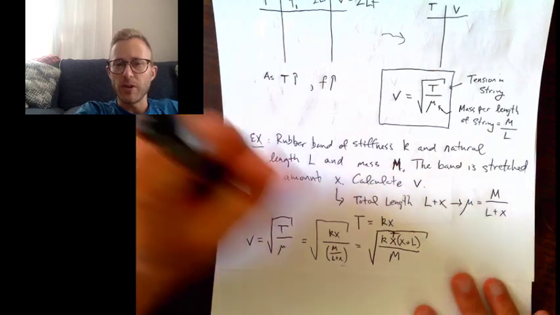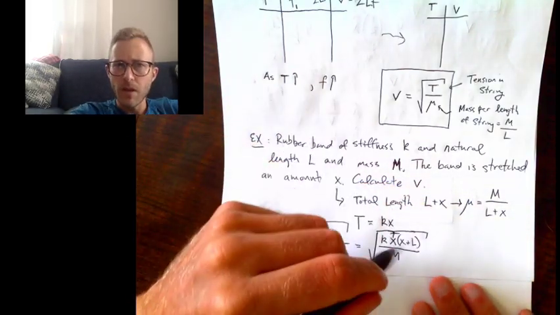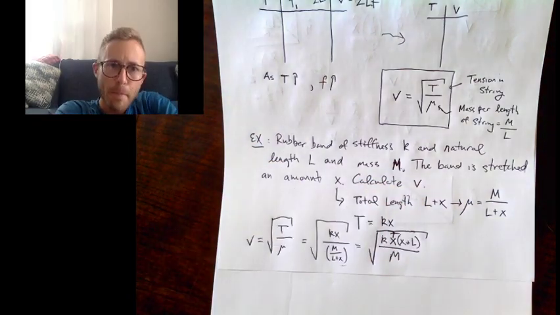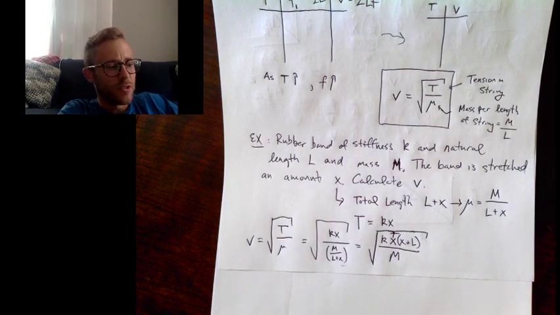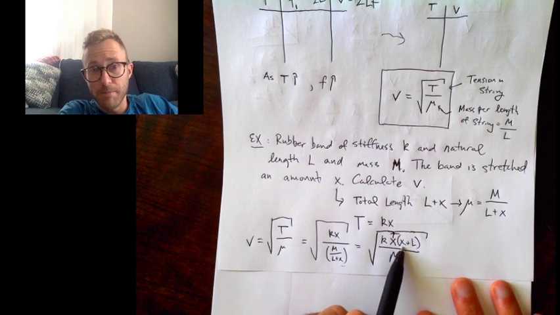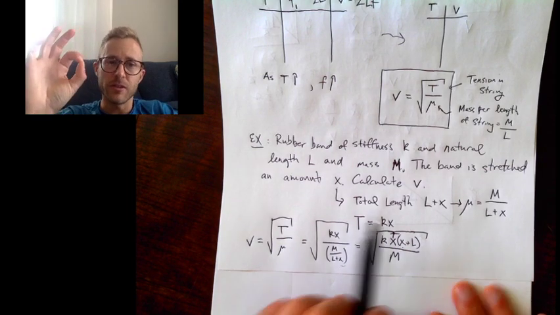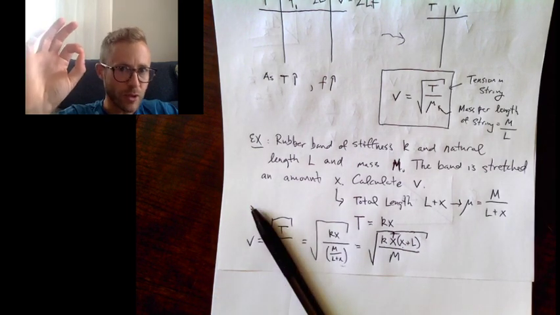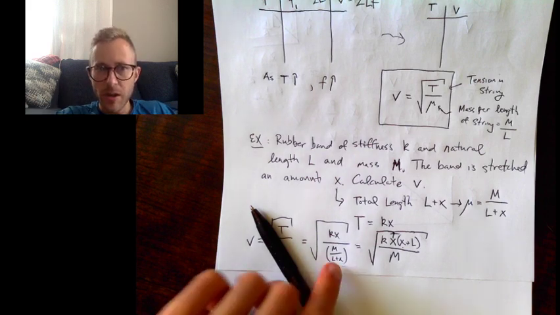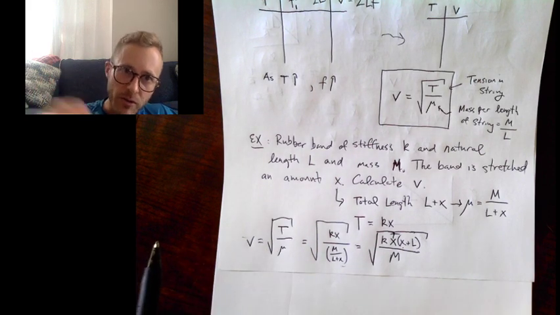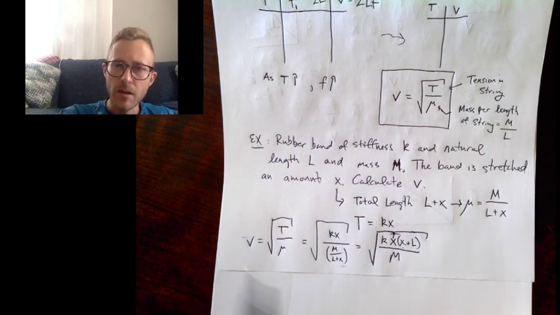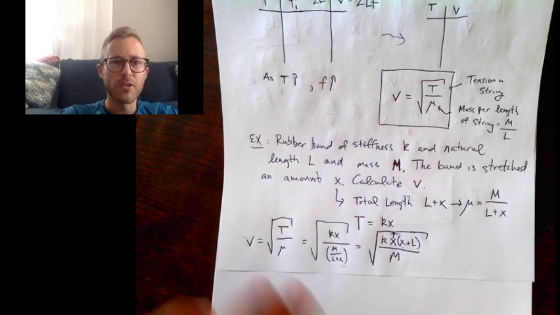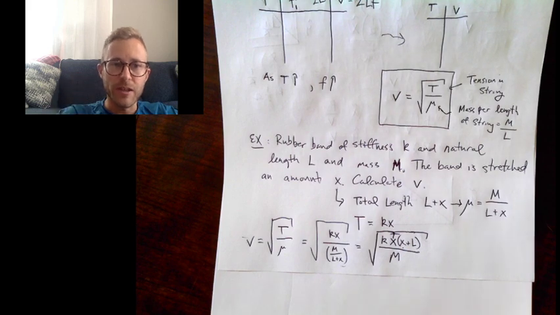So this is an equation for the speed. So what you can see is x is in the numerator. So as x increases, the more you stretch it, the higher the wave speed gets, and therefore the higher the frequency it gets if you pluck it. Okay? I'm not even going to bother to put in numbers. You guys can do that in the daily exercise today.